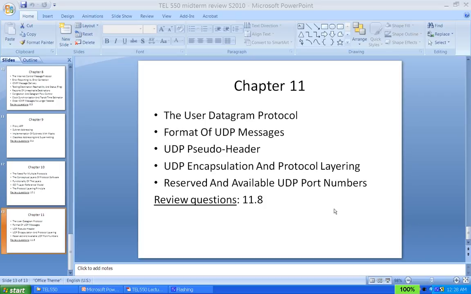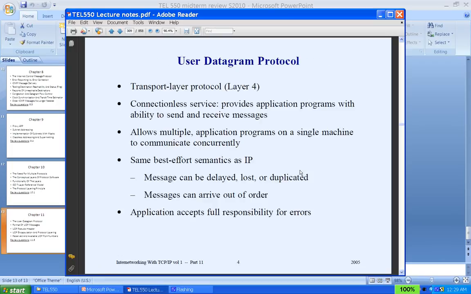In chapter 11, we discuss UDP. First of all, we need to know that UDP is a connectionless approach. Okay, and we need to understand the basic structure of a UDP datagram, what kind of information is carried in the header.